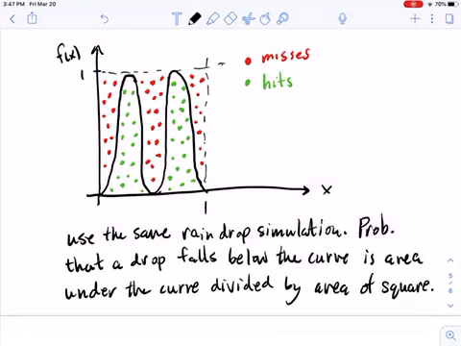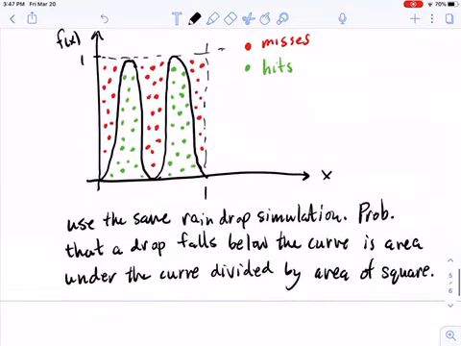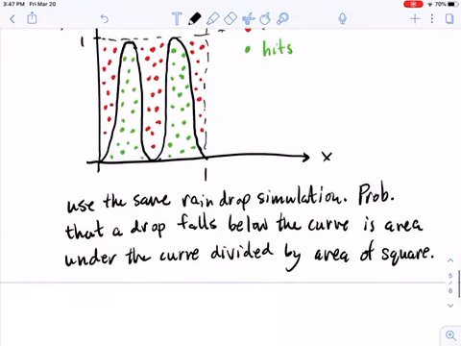Okay, so in general, for our particular case here, the area of the square is 1.